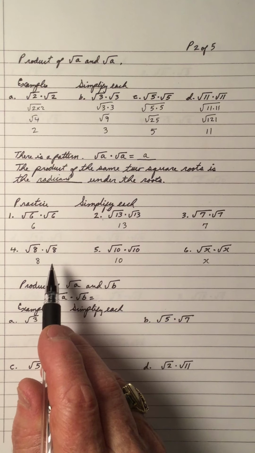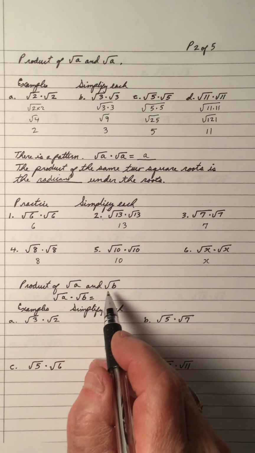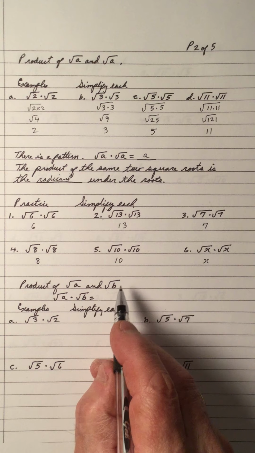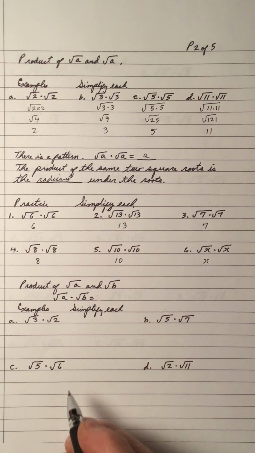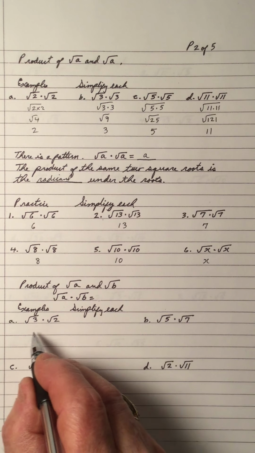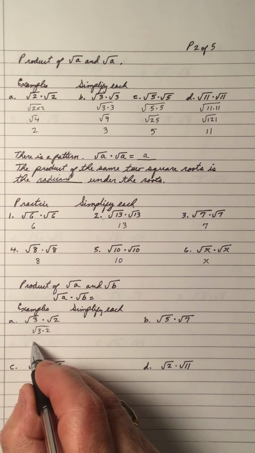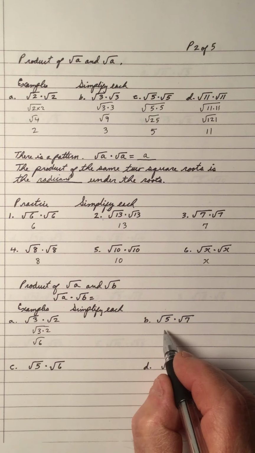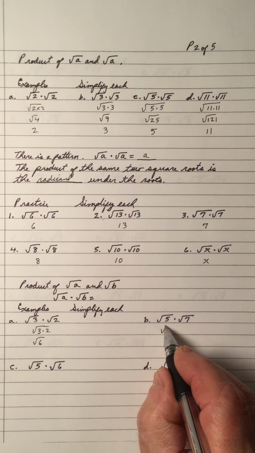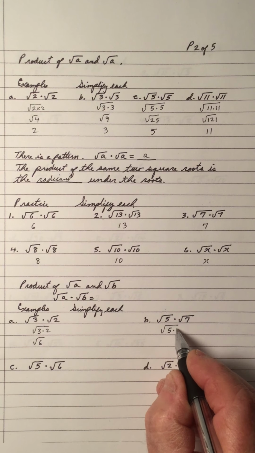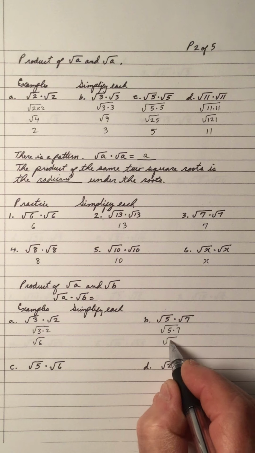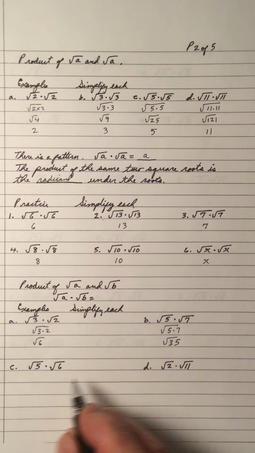Now that we have that done, what about the product of root A times root B? Well, let's check. We'll fill in this after. What's root 3 times root 2? Well, that's the root of 3 times 2. That's root 6. Root 5 times root 7 is the root of 5 times the root of 7. So that's the root of 35.